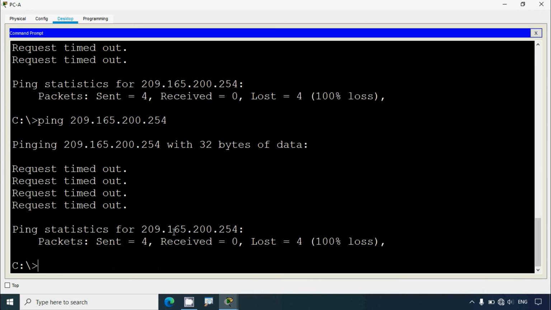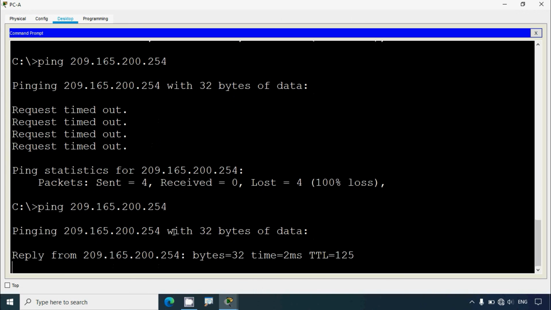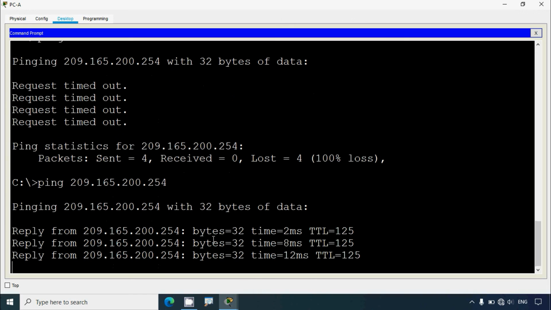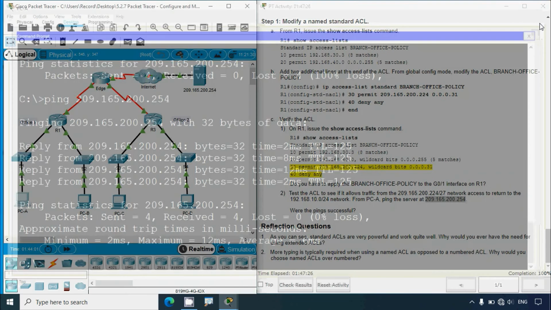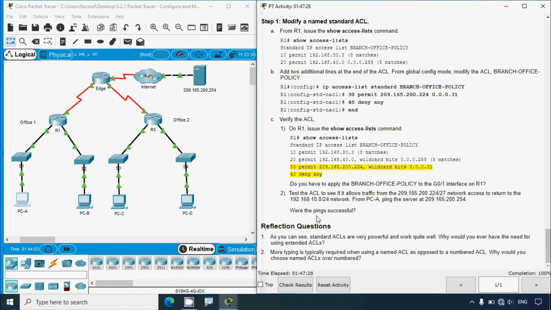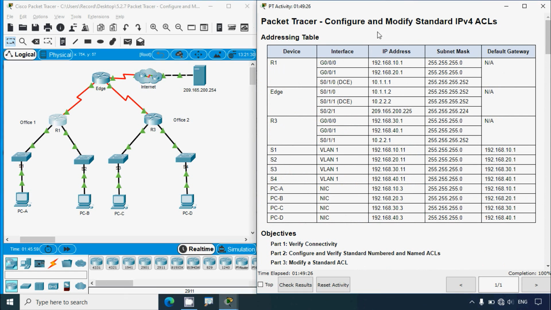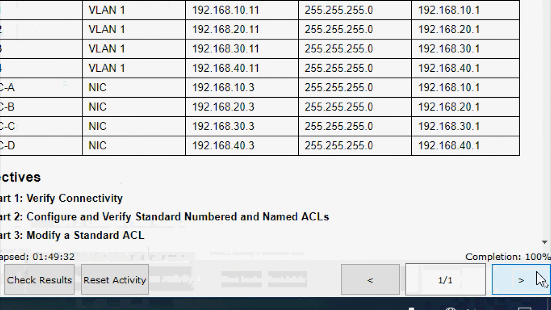You can press the up arrow on the keyboard. Yes, and we get the replies. Were the pings successful? Yes, they succeeded. Okay, that's all in this activity, configure and modify standard IPv4 ACLs. Here we can see our completion status, it's 100%.